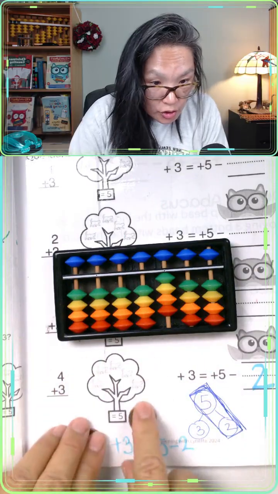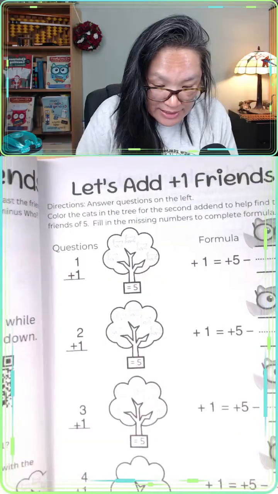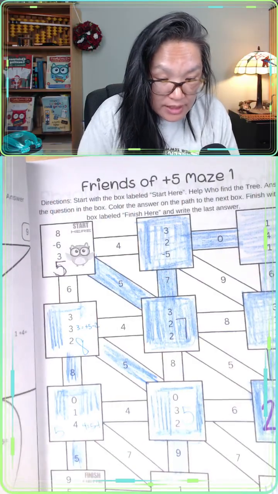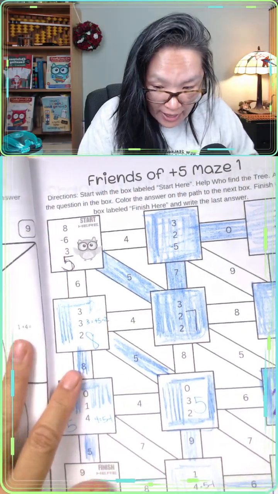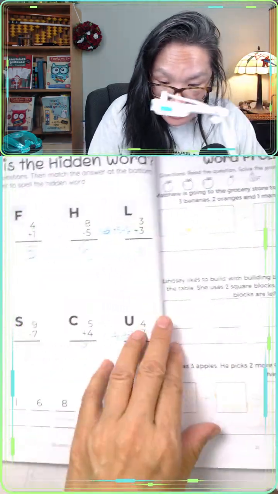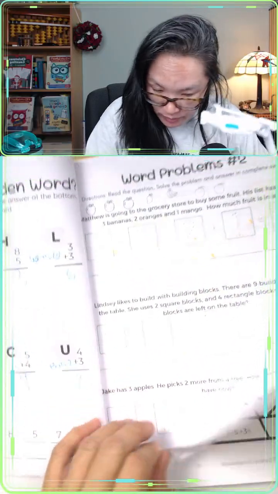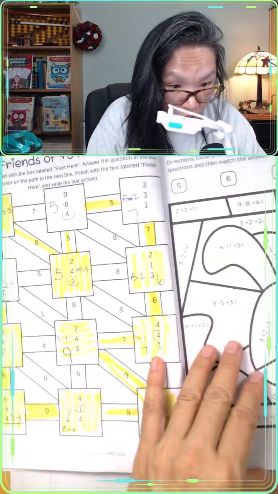The rest of the book is about practicing and making it automatic. So I have color by number, mazes, and a hidden word. And then there are word problems, and then again color by number and mazes.